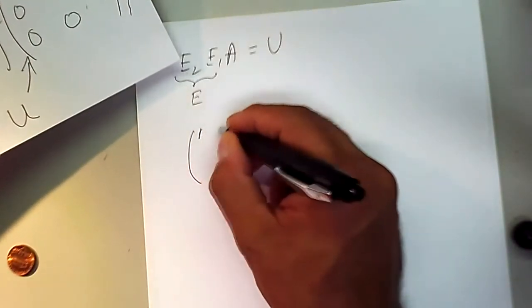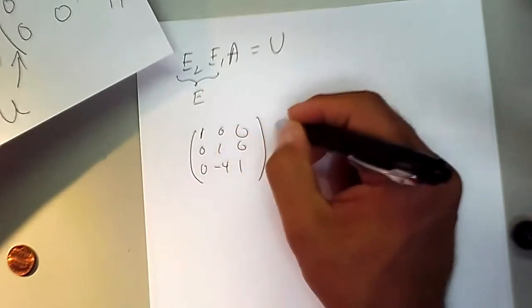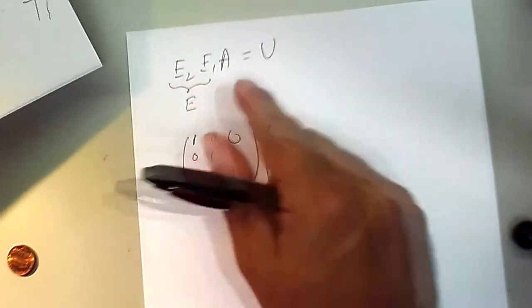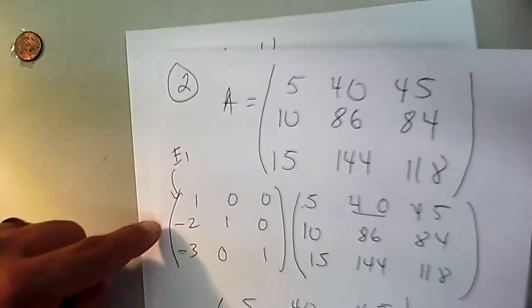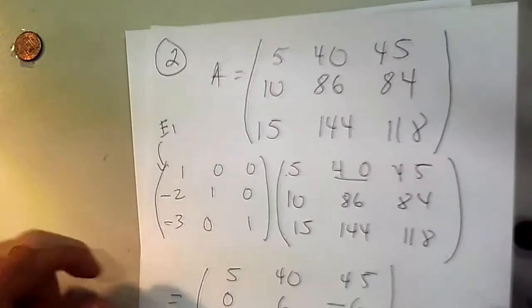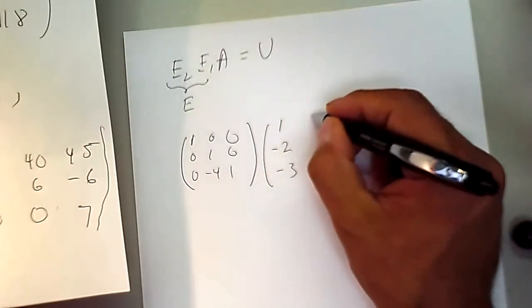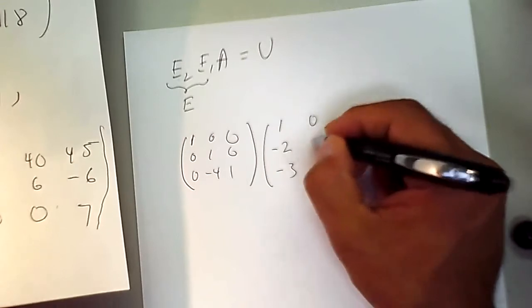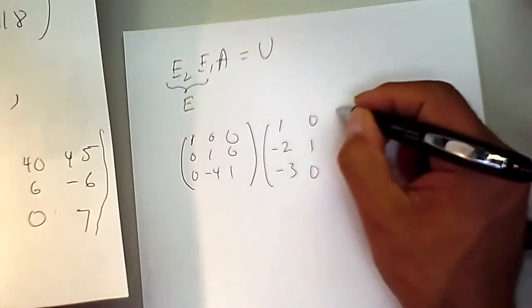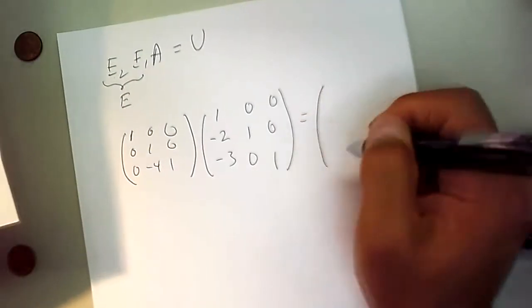So 1, 0, 0, 0, 1, 0, 0, -4, 1. And we're going to multiply that with E1. I still remember E1. It had a -2 and a -3: 1, -2, -3, and then the rest is identity. Okay, I'm going to try to squeeze that in here. Hopefully it will fit.